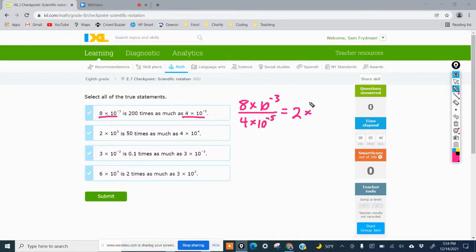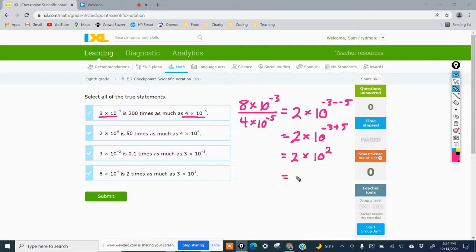So we would have 10 to the power of negative 3 minus negative 5, which is the same as negative 3 plus 5. And negative 3 plus 5 is 2. So 2 times 10 to the second power is 200. So yeah, this number is 200 times as much as this one.